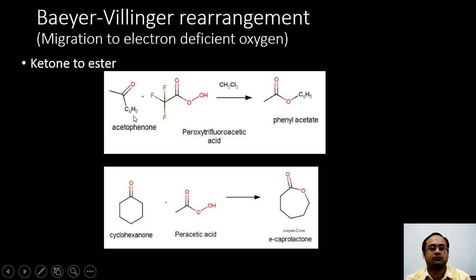As an example, acetophenone, when treated with peroxytrifluoroacetic acid, which is a highly acidic compound and an oxidizing agent, gets converted into phenyl acetate. Similarly, cyclohexanone, when treated with peracetic acid, will get oxidized and the ketone will get converted into an ester. This cyclic ester is also known as epsilon-caprolactone.